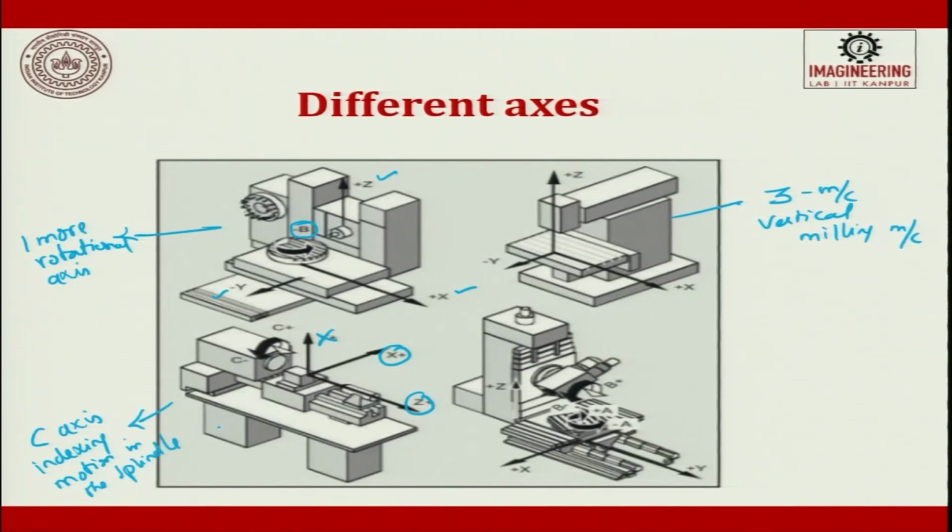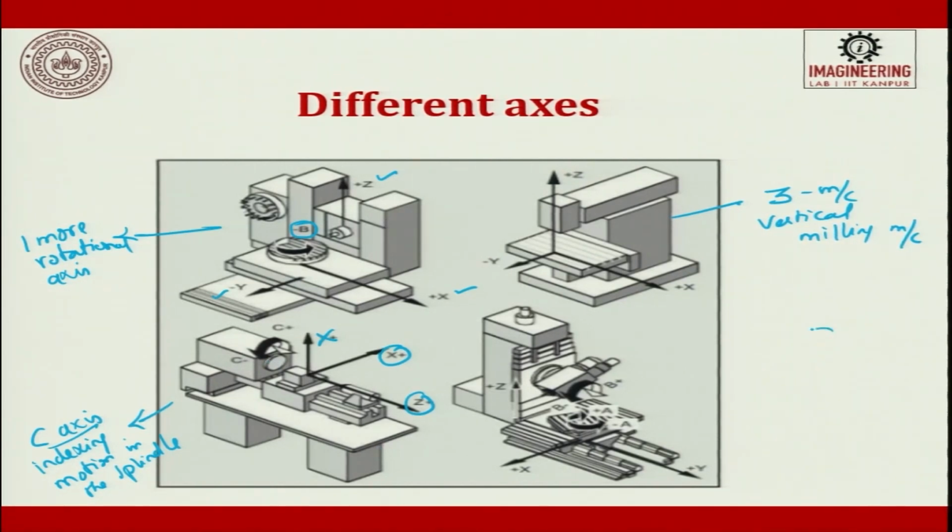So, generally spindle rotates, you can't control 1 RPM. So, here when you have a c axis control, even that 1 RPM we are able to discretize and control very precisely. So, c axis is indexing motion in the spindle. So, you will try to control even the 1 RPM. Okay. So, that is c axis.